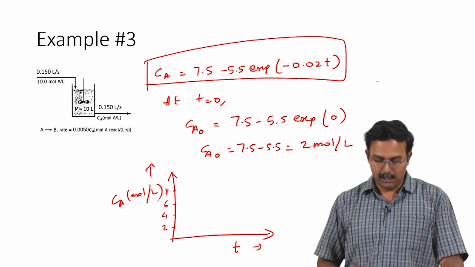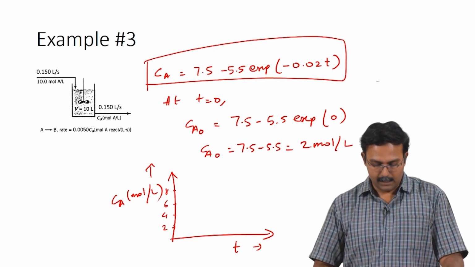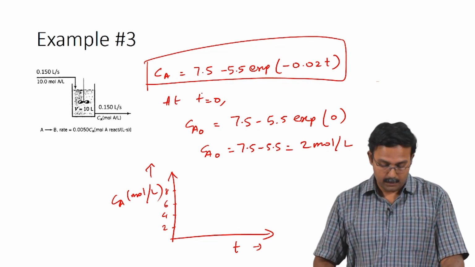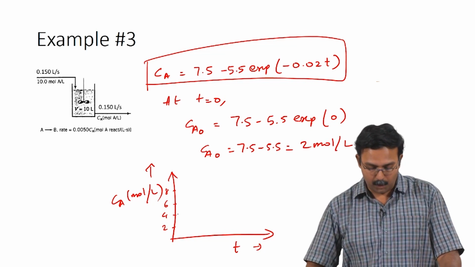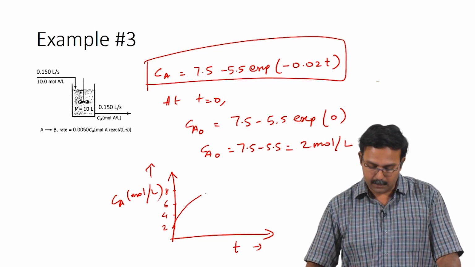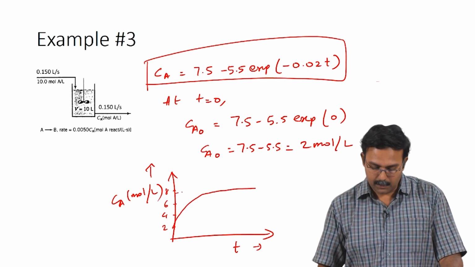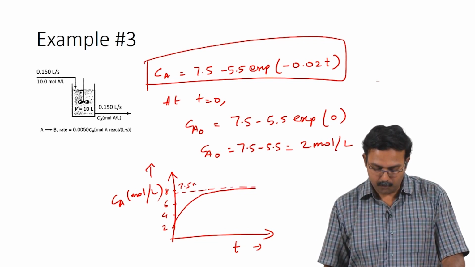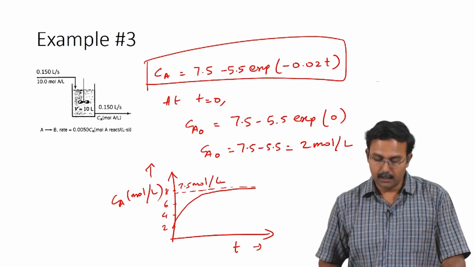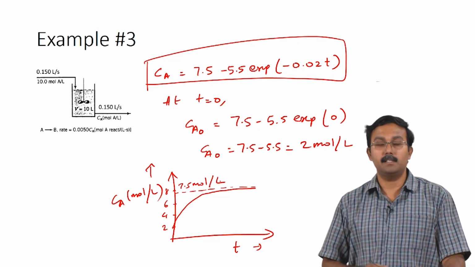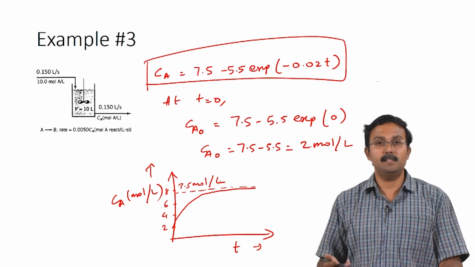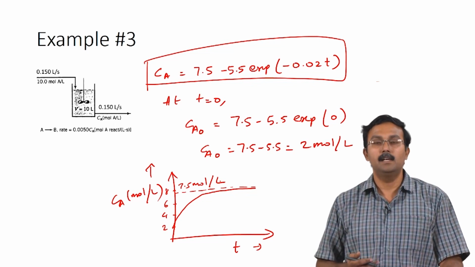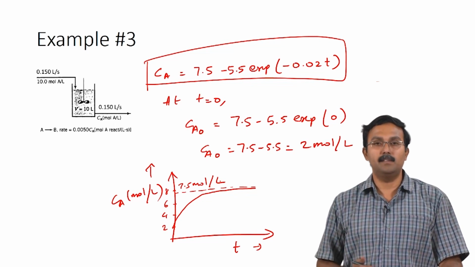At time t equals 0, Ca is equal to 2. From here, the curve would look something like this, where it plateaus off at 7.5 moles per liter. That is the maximum concentration you would be able to get, because that is the steady state concentration we calculated for time t equals infinity.